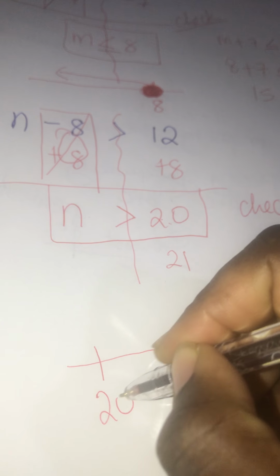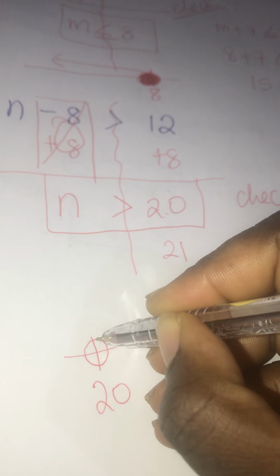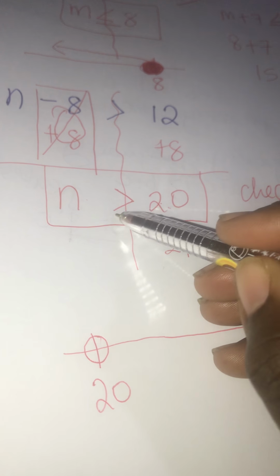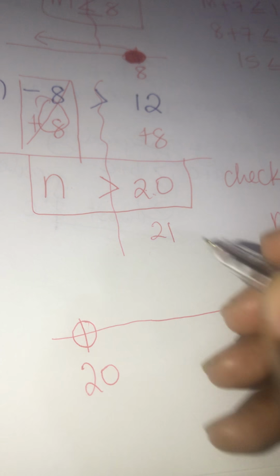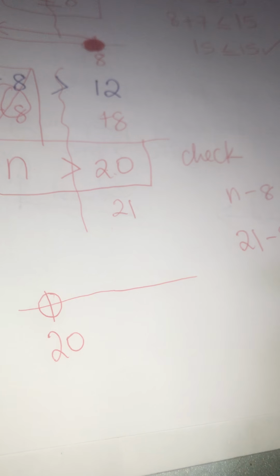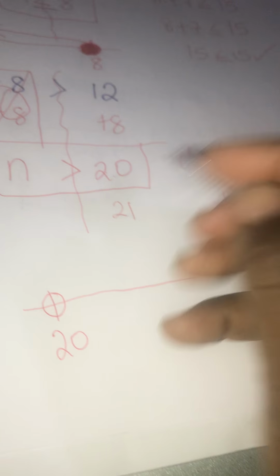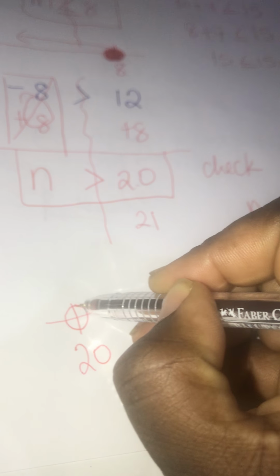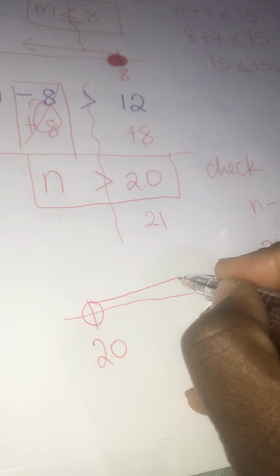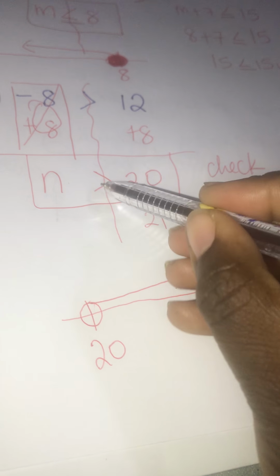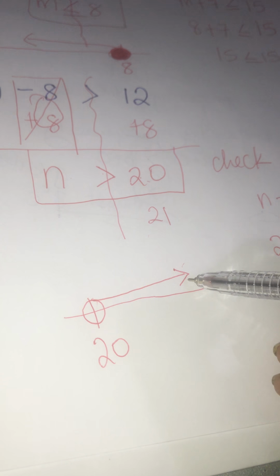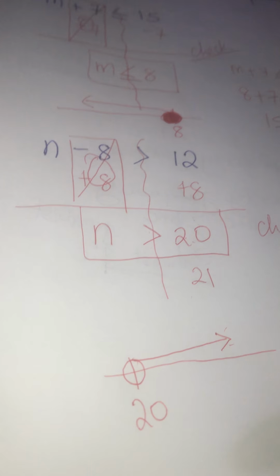This is 20. You draw your circle. It will be open because there is no equal sign here. And the arrow is facing to the right. So your line will also go to the right, like that. This arrow should match this arrow. Okay?